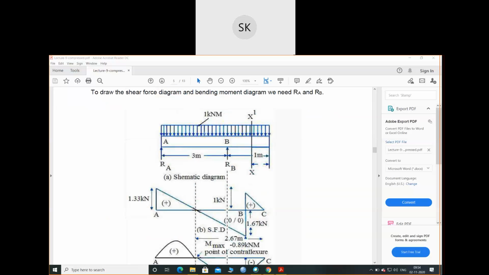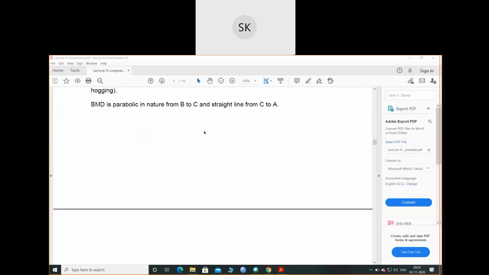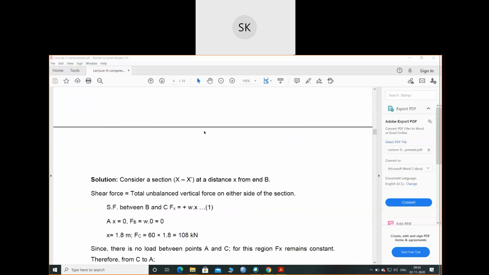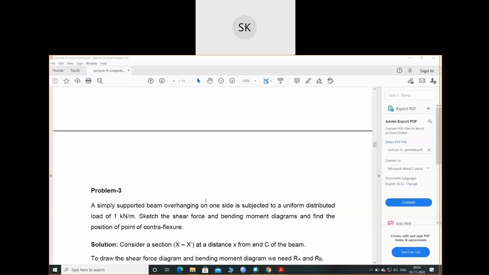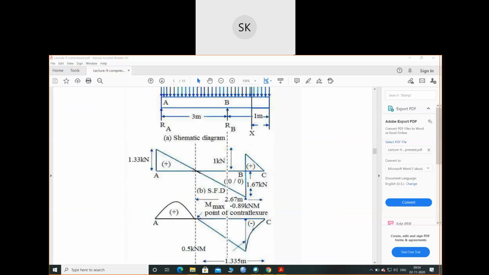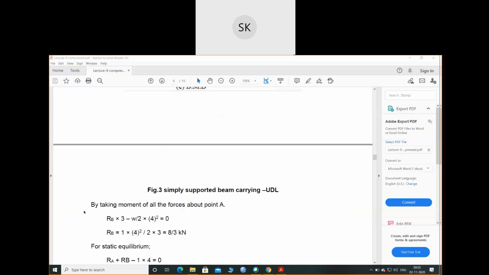In a simply supported beam, we find the reactions, whereas in a cantilever beam we know that at the free end there will be no reaction. So for the simply supported beam, they first found the reactions RB and RA.